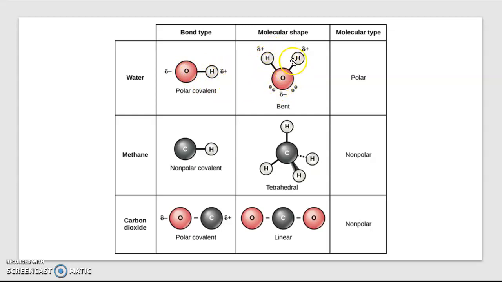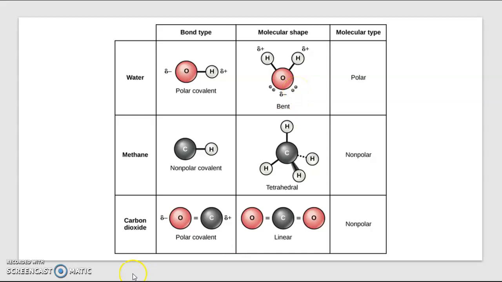Since the molecule is bent, these dipoles are not cancelled out, and that's why on the oxygen side we find more electron concentration than on the hydrogen side. Then this molecule is polar because of its shape.